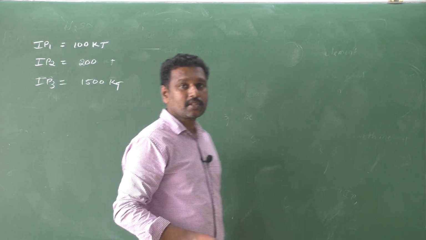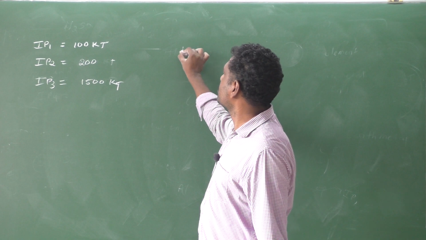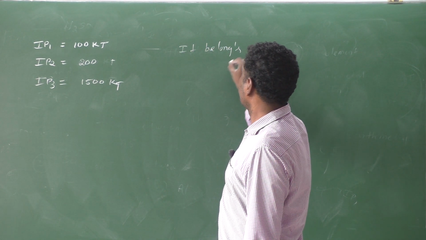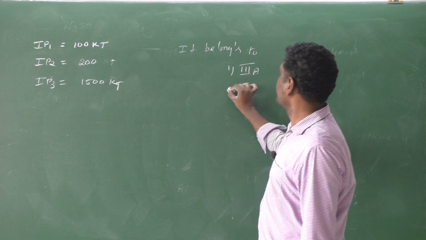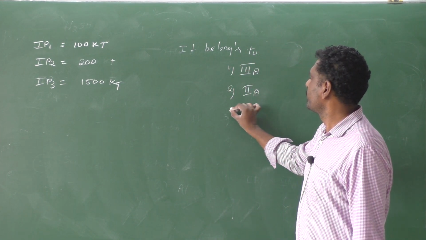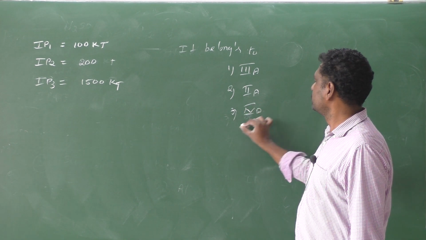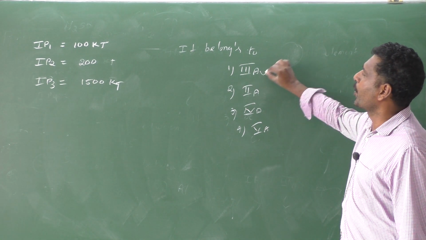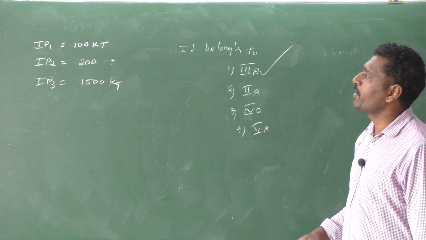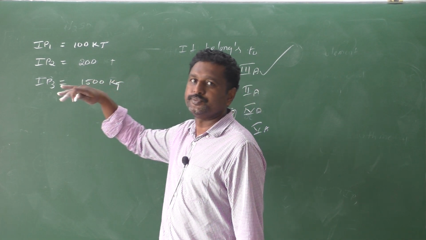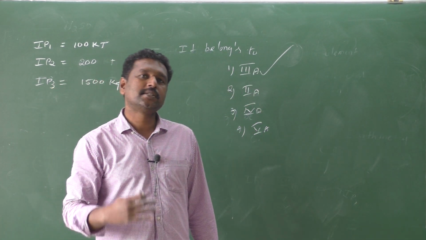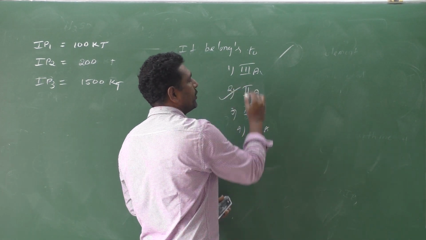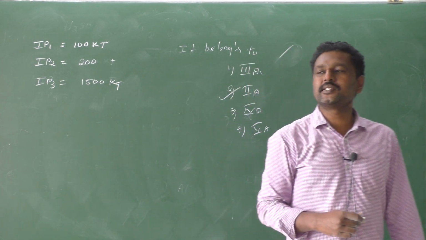So it belongs to: first one third A group, second A group, fourth A group, next one fifth A group. So the answer is second A group, because the sudden jump is between second and third. The best example is magnesium.